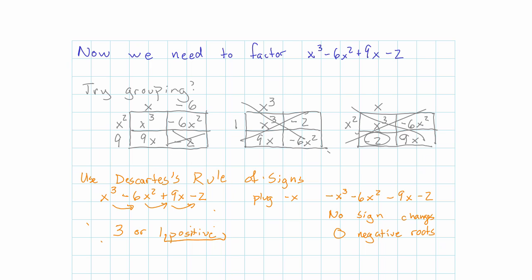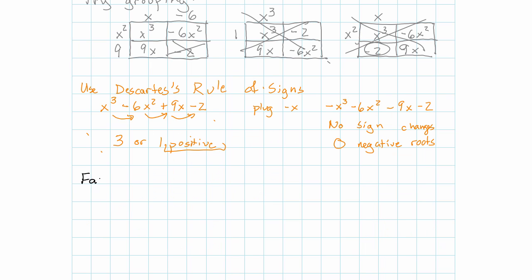That's pretty cool. We're factoring x to the third minus 6x squared plus 9x minus 2. That means our p is a factor of 2, plus or minus 1, or plus or minus 2. Our q, our leading coefficient, is just 1.